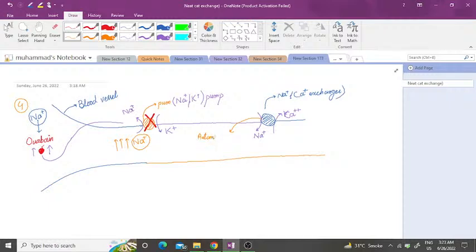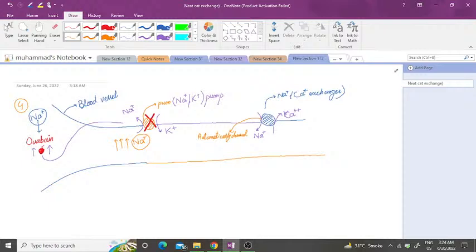Why? Because the cell senses that the sodium is already in excess because of the blockage of the sodium pump, so this exchanger will be indirectly blocked by the sensing of increase in sodium.